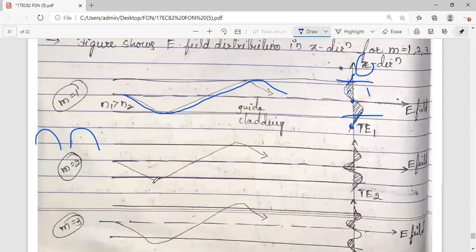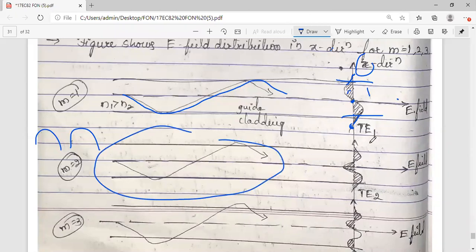Similarly, if you take m is equal to 2 for the same figure, I cannot draw this waveform very clearly, so I have left it as it is. But you can compare how it looks for m is equal to 2 with these two. How many zeros have come? Again here there is a crossing. Here also there is a crossing.